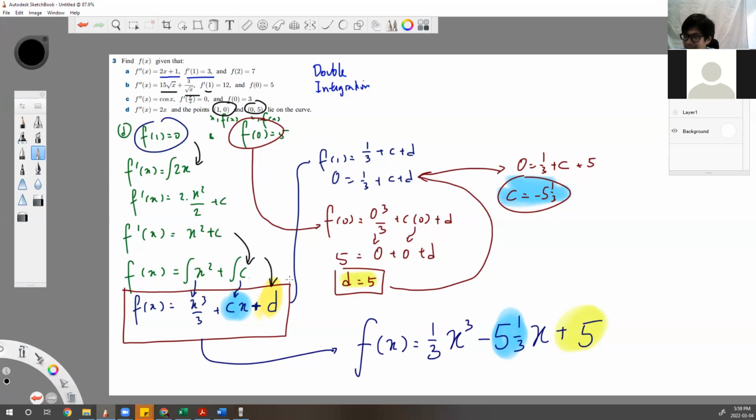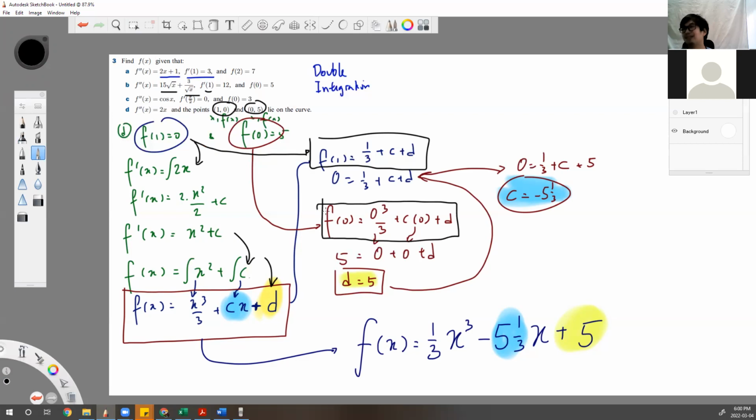And this will be the double integration in terms of c: cx plus another c. Can you write another c? No, you have to write the other variable. And then you put here f(1) and then f(0). By the way, this is the simultaneous equation. How is it, Vicky?